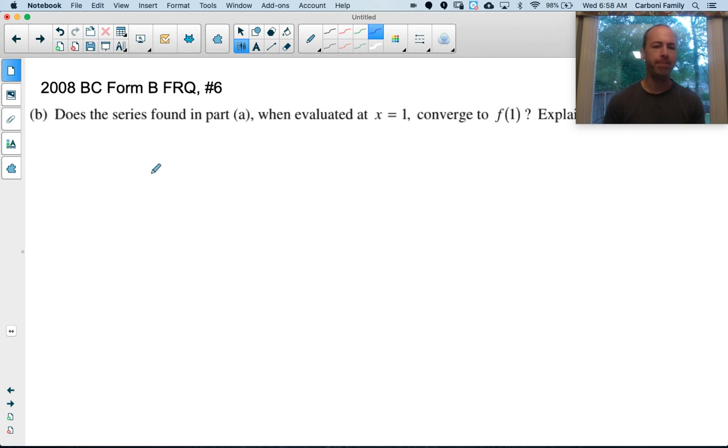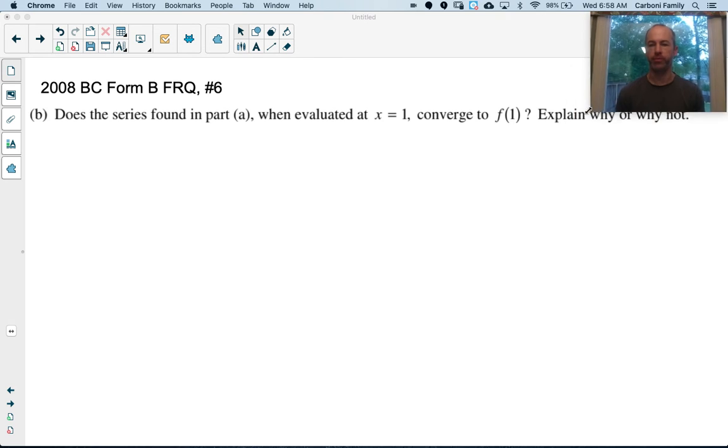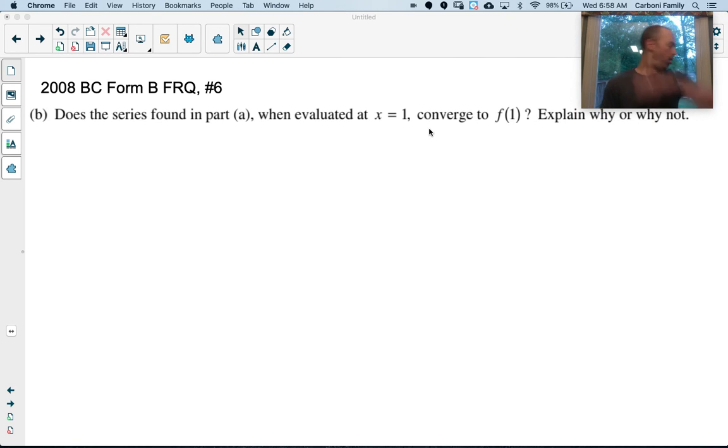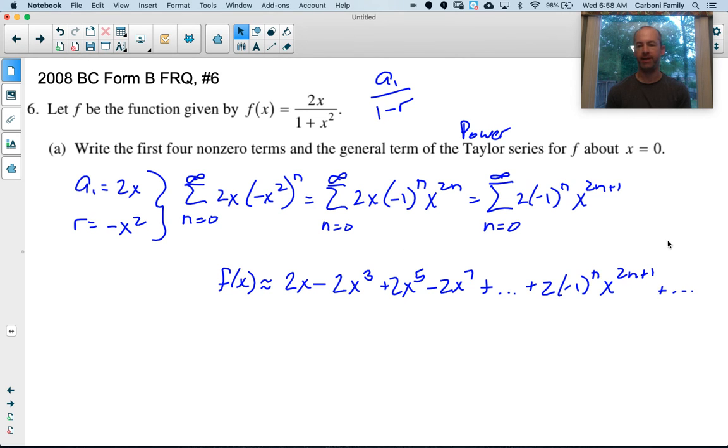And then for part B, let me see, I can't read the question. Does the series found in part A, when evaluated at 1, converge to f of 1, and explain why or why not? So I'm going to go back, and here's where some of my preliminary work in part A comes in handy.